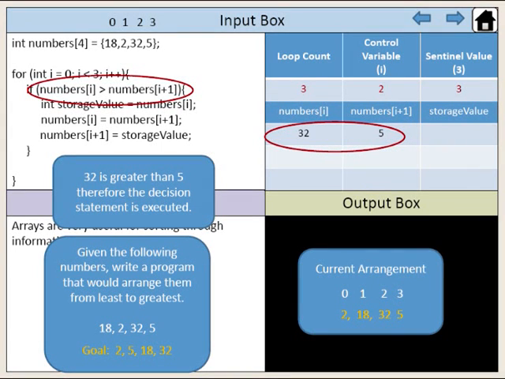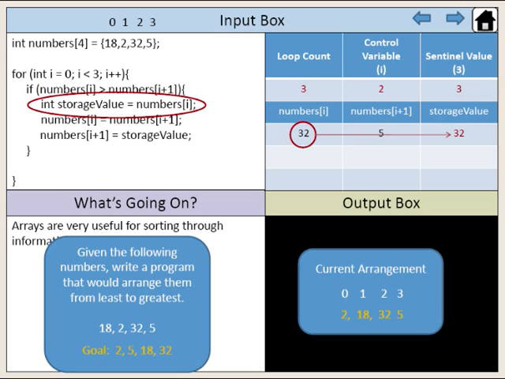32 is greater than 5, therefore the decision statement is executed. The value of numbers I is assigned to storage value.